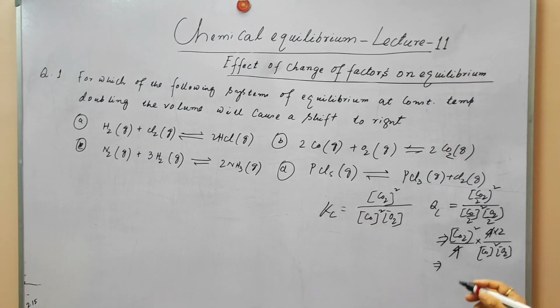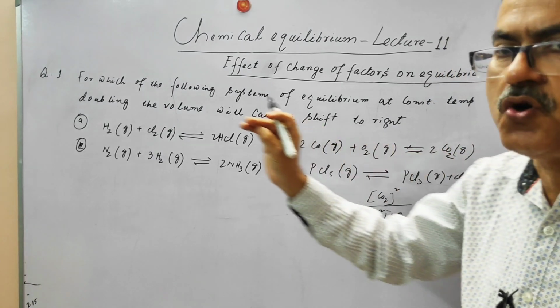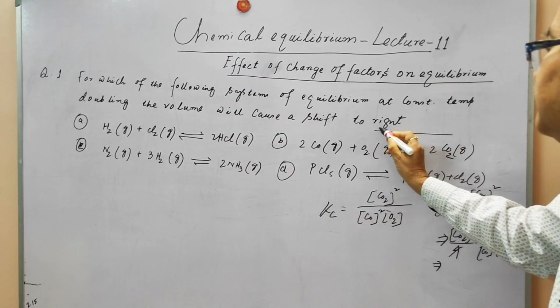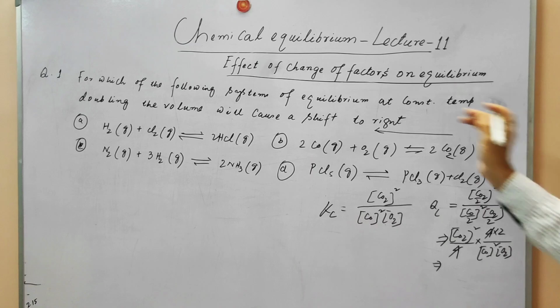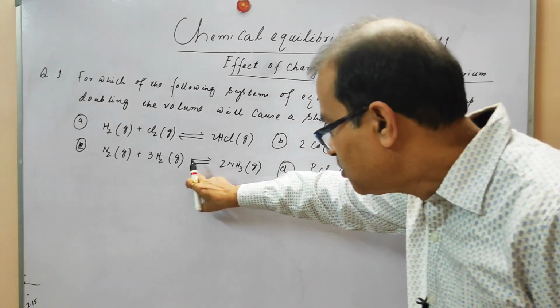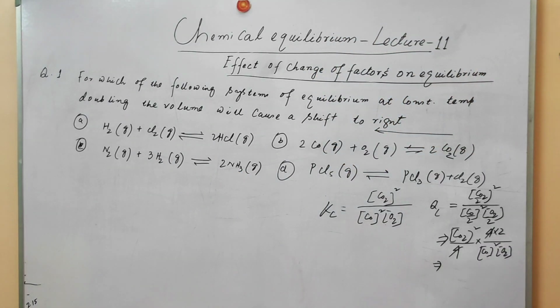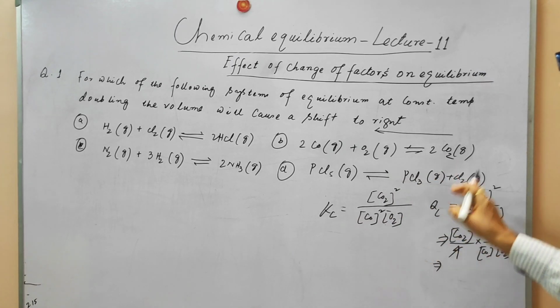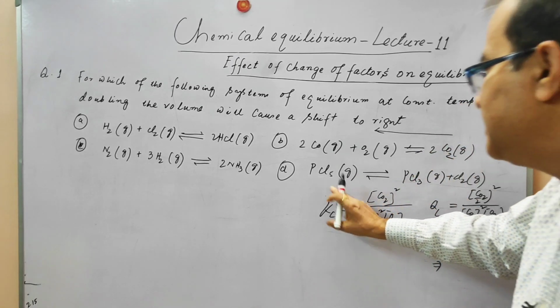More than the equilibrium constant means the reaction goes in the reverse direction. The equilibrium will shift from left to right. For this case also you will find it goes from left to right. But here you can see the reaction quotient is less than Kc.